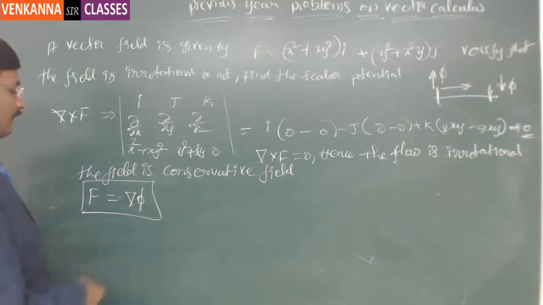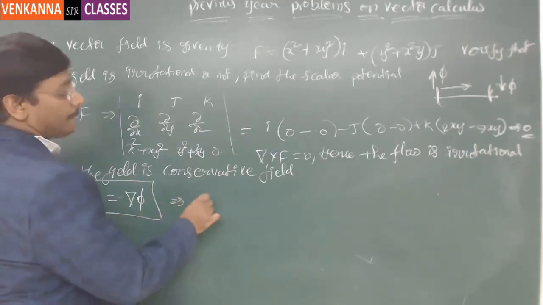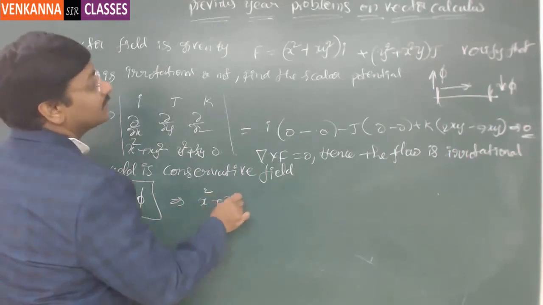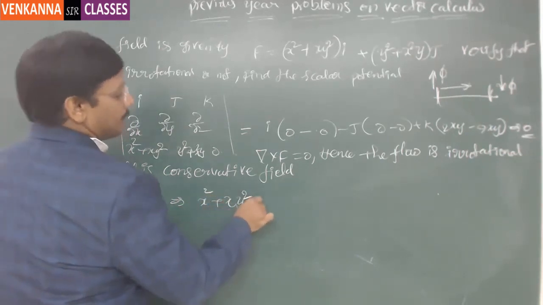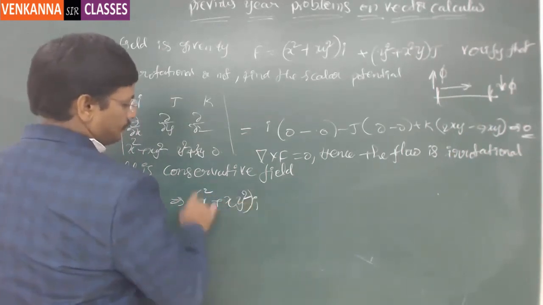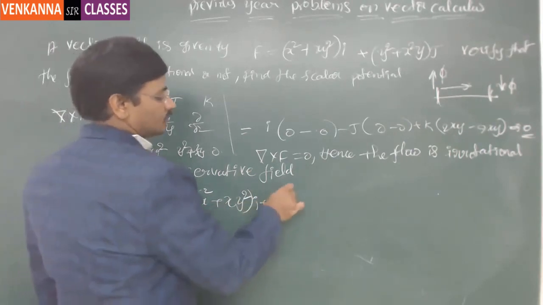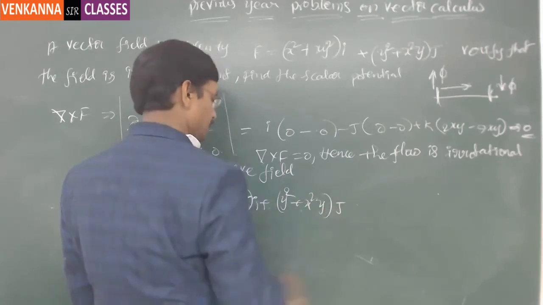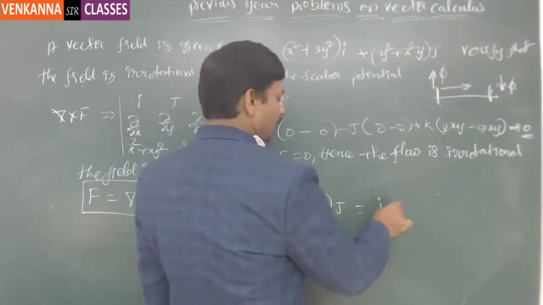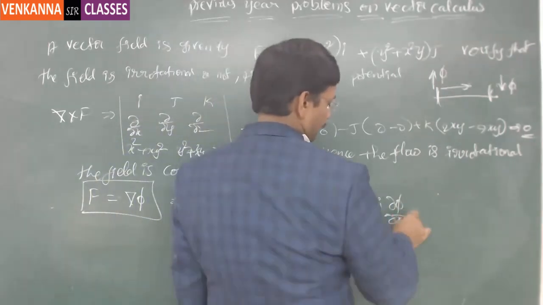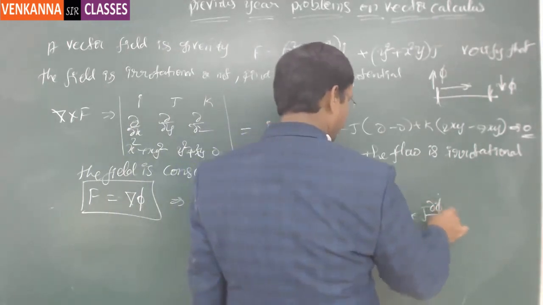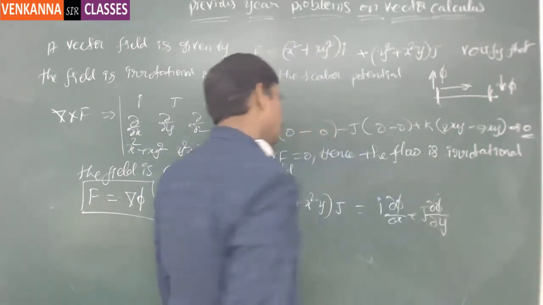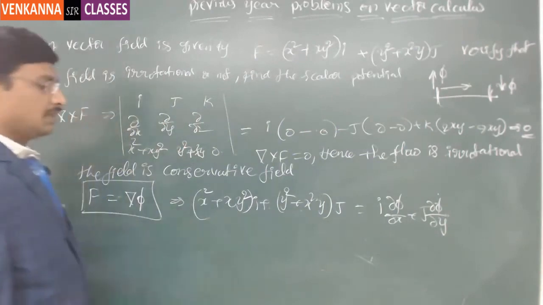So here del phi. Now del phi is nothing but F, which is x square plus xy square into i plus y square plus x square y into j. This is equal to i dou phi by dou x plus j dou phi by dou y. You don't need to consider the k factor because there is no k value in this.